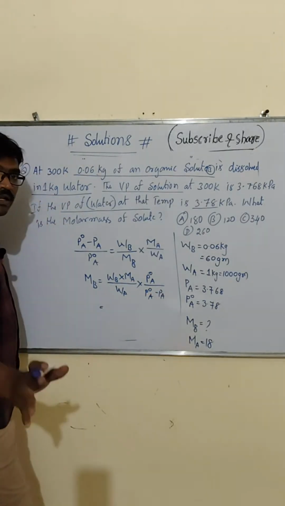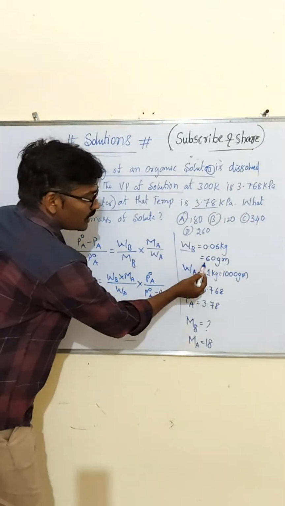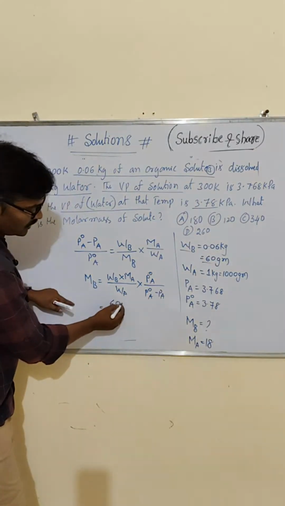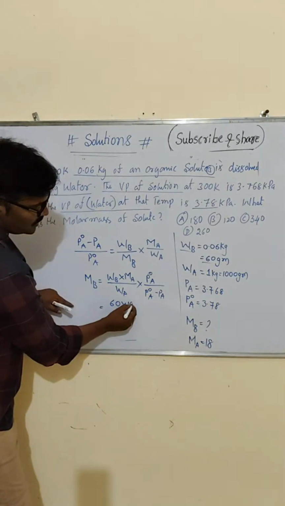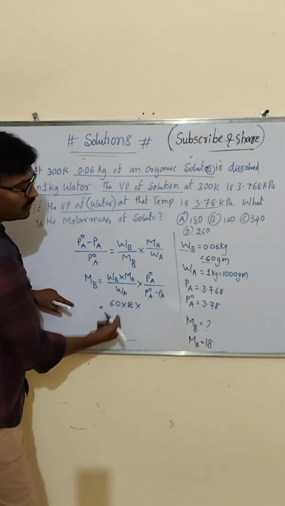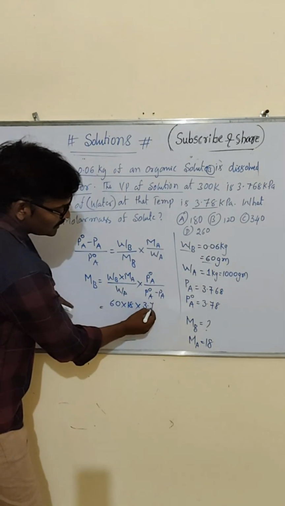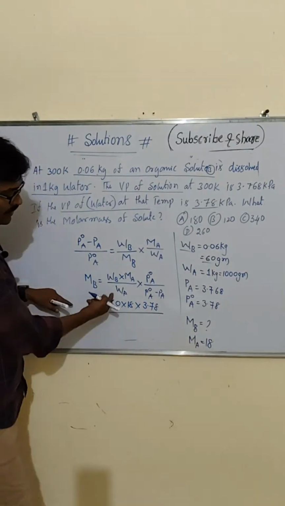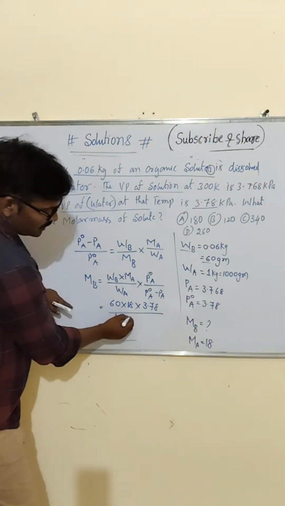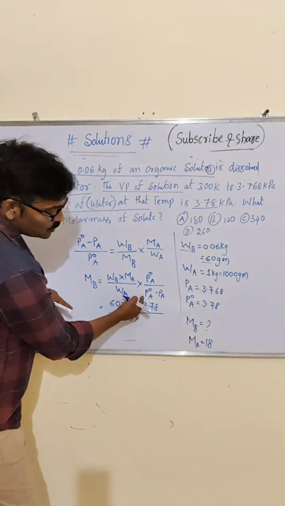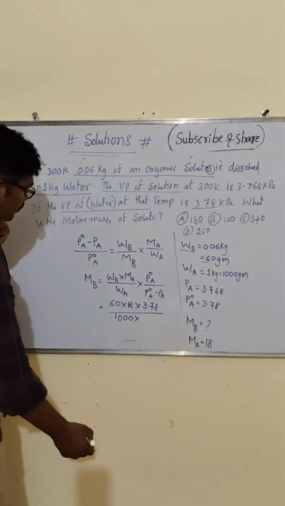Then WB is 60 grams, into MA, which is 18, into P naught A, which is 3.78, divided by WA, which is 1 kg, nothing but 1000 grams, into P naught A minus PA, which you have to calculate.